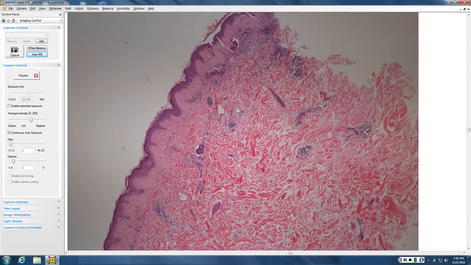Okay. How about this one? Adam. Well, not a whole lot to go on, but you see some basically epithelioid, large, atypical cells in the superficial dermis. Any pattern where they are? Pattern?